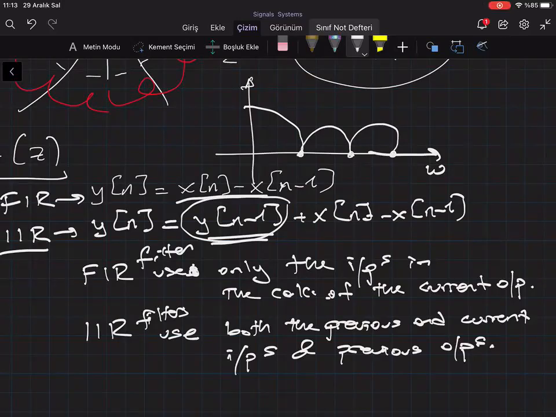So it becomes like a recursion in your calculations, in your filters. Then you will use such a recursion, which will give you a better filter. Okay, it will give you a sharper filter with lower orders. Okay, I want you to understand this part for now, and we will continue with more discussion in more detail next week, inshallah.